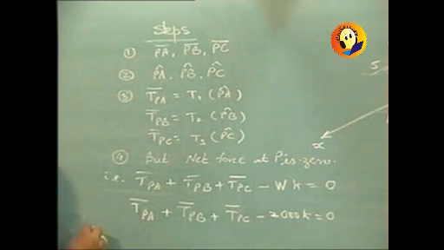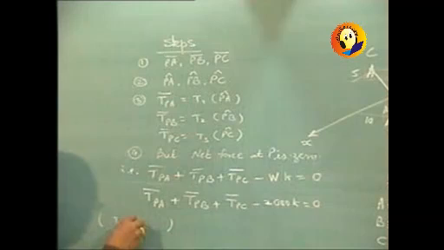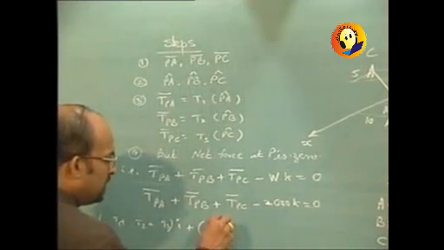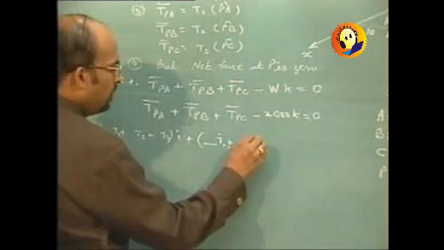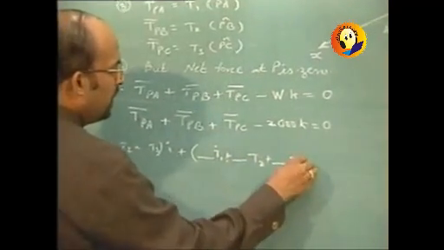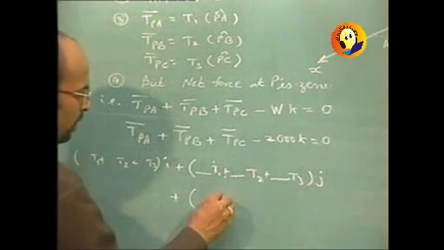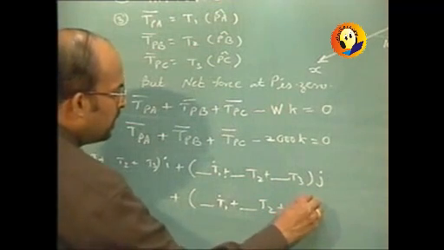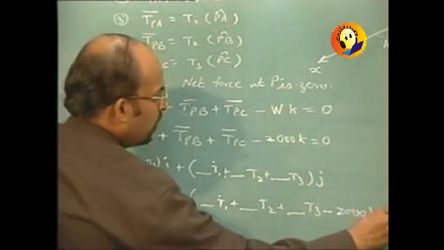And ultimately you will get one equation which contains the terms of T1, T2, T3, I, plus a second equation which contains the terms of T1, then T2, then T3, J. Then one more equation, T1 plus T2 plus T3 minus 2000 K equal to 0.